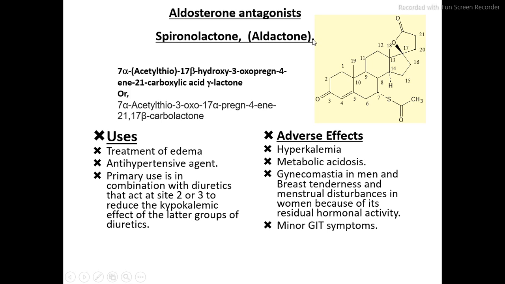Again, this is the structure of the spironolactone which I discussed. Check out properly the structure of the spironolactone.